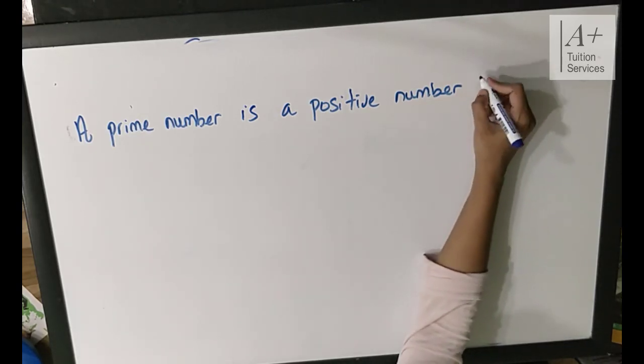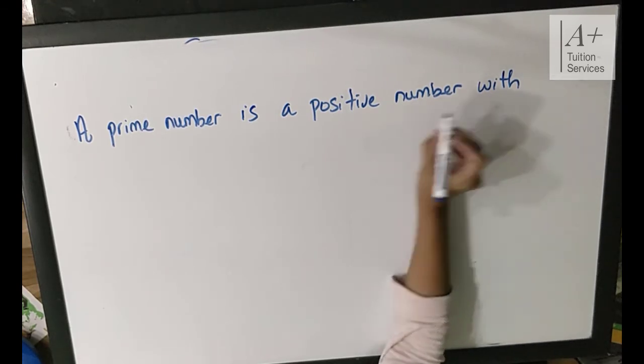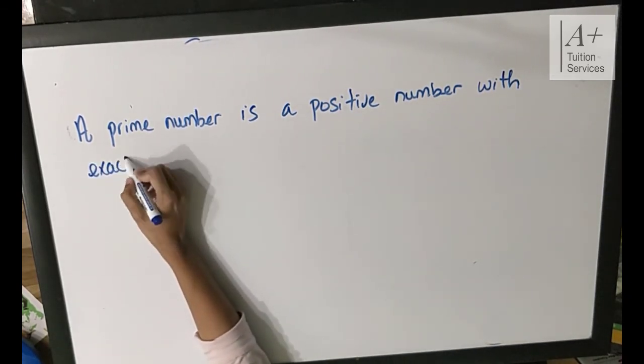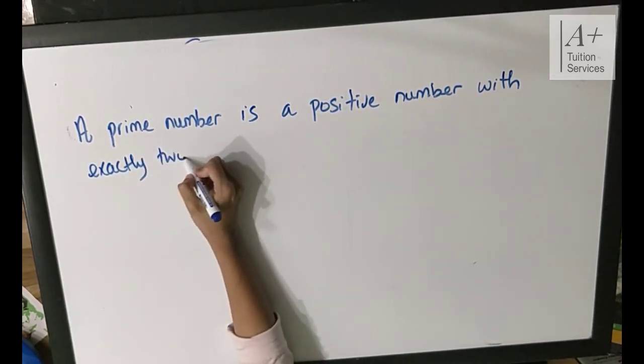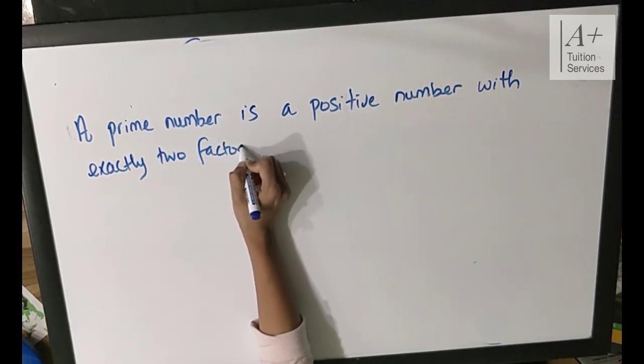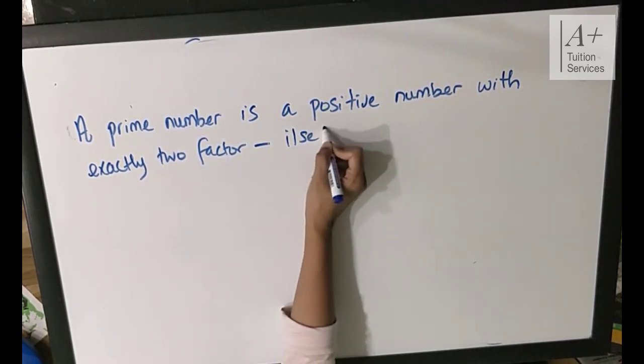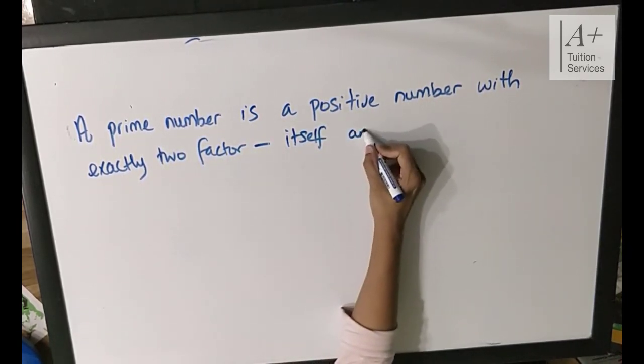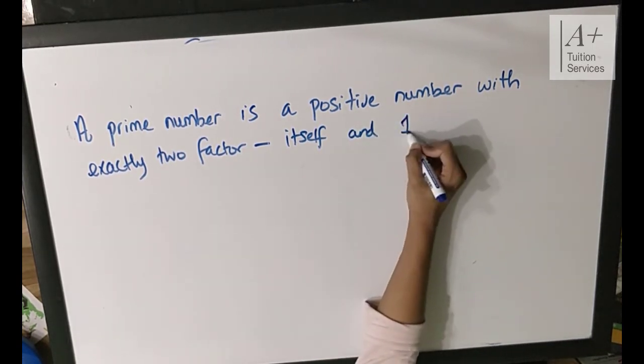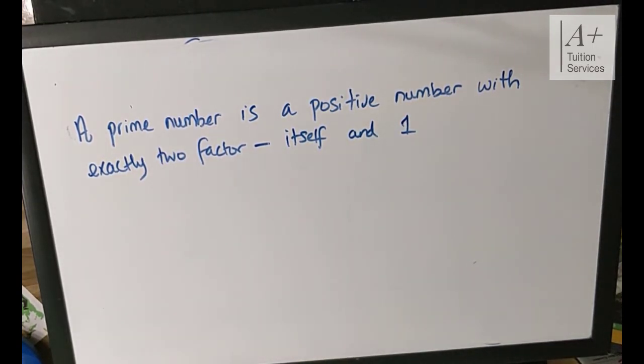With exactly two factors: itself and 1. Okay, so a prime number is a positive whole number with 2 factors. So only 2 numbers could divide into it, itself and 1.